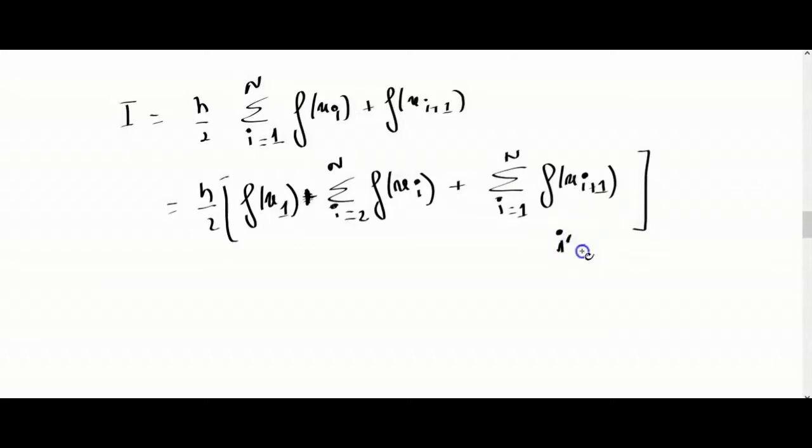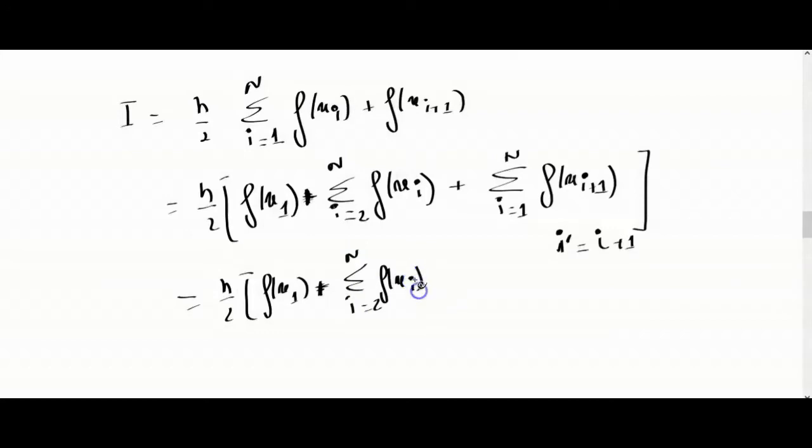If I call i prime equal to i plus 1, now the sum will go from i prime equal 1 till n plus 1 of f of xi prime.